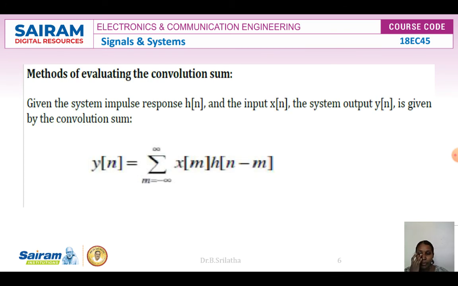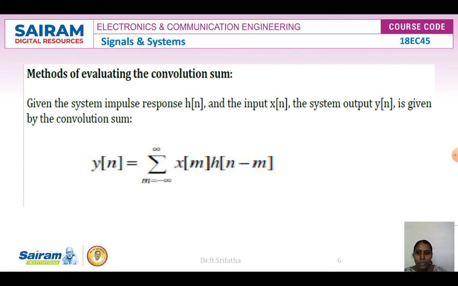Now what are the methods we can use to find this? The methods of evaluating the convolution sum. How to find the convolution sum? Given the system impulse response, we are going to construct the impulse response h of n and the input x of n. The system output is y of n.